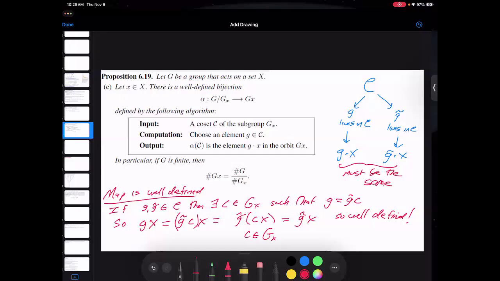And when that hits X, it doesn't matter. If it hits something other than X, it could matter. We're not saying that g and g tilde have the same action on every element. We're just saying when you look at what they do to X, they give you the same thing.